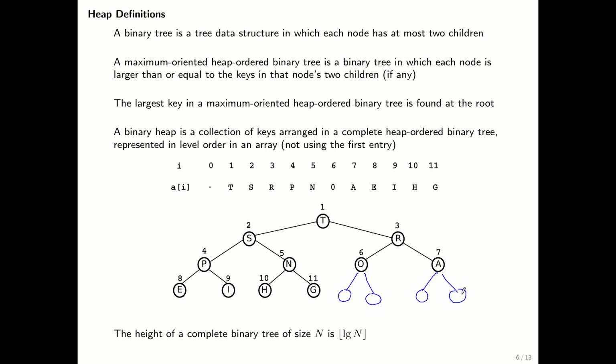And if it has n elements, then its height is the floor of log of n. All right. So in this case, how many elements do we have? We have 15 elements, and you take the log of 15. So here the height is the floor of log of 15 for this particular example. So keep that in mind.